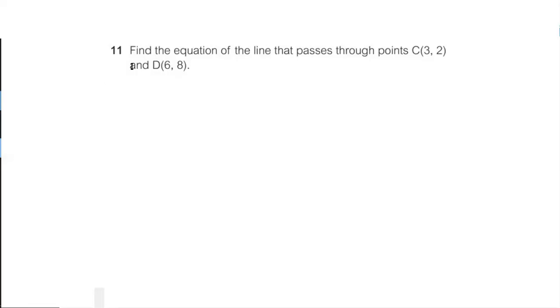Let's start with the first point, which is C. You're going to use the equation y equals mx plus c. You're going to substitute the values of x and y. This is x, and this is y. Same idea for the second point: substitute the values of x and y, and write the equation.